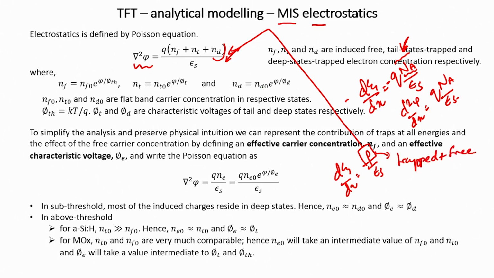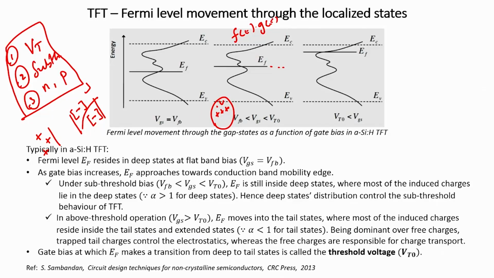If you go back to the general picture where we looked at the movement of the Fermi level through the gap states, we saw that all these trapped charges were the ones that were responding to the applied electric field or the applied gate voltage, and we also had some amount of free carriers depending upon the location of the Fermi level.